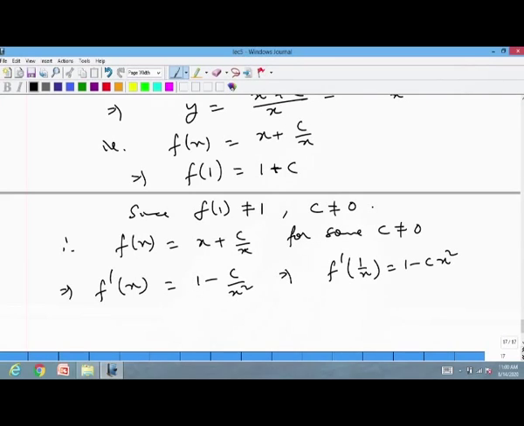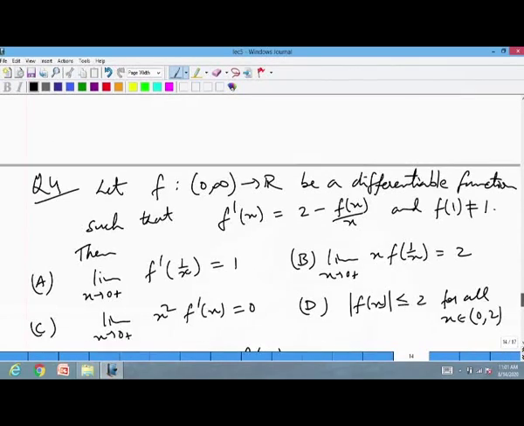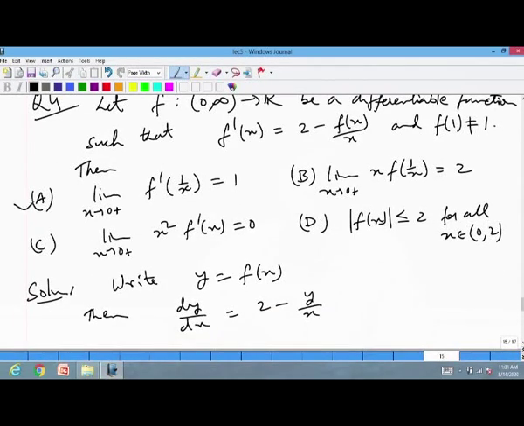Now, as x approaches 0 plus, this approaches 1. So, therefore, option A is correct.